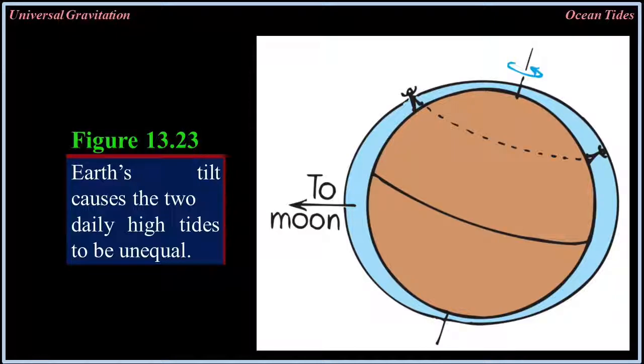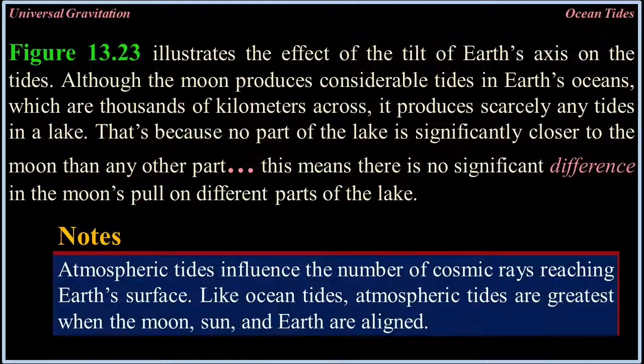Figure 13.23 illustrates the effect of the tilt of Earth's axis on tides. Although the moon produces considerable tides in Earth's oceans, which are thousands of kilometers across, it produces scarcely any tides in a lake. That's because no part of the lake is significantly closer to the moon than any other part. This means there is no significant difference in the moon's pull on different parts of the lake.